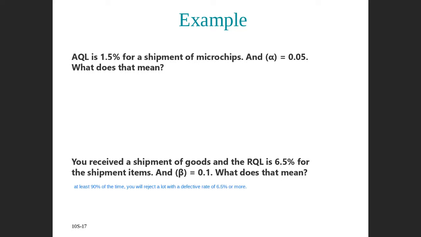The positive side of the acceptance says 90% of the time, because this is a consumer point of view, you will reject the lot with a defective rate of 6.5 or more. So if you have 6.5% of defect or more, 90% of the time you will reject it.